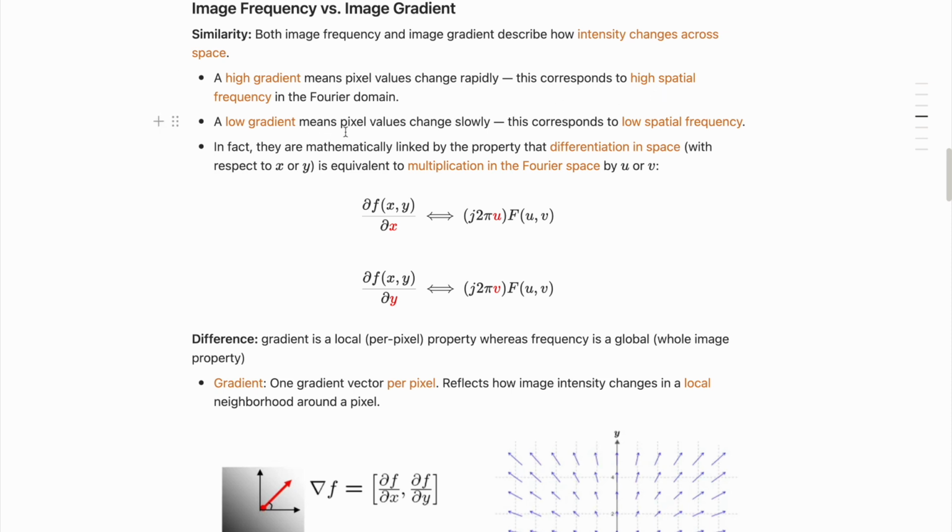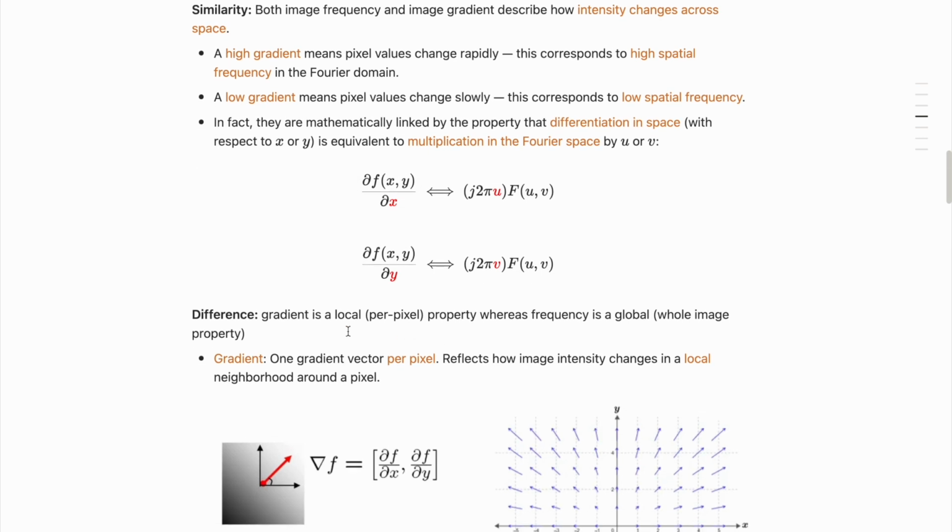Low gradient means that the pixel value changes slowly, corresponding to the low spatial frequency. And in fact, they are mathematically linked by the property that differentiation in space, that is calculating a spatial gradient, is equivalent to multiplication in the Fourier space. So then what's the difference? The big difference is this.